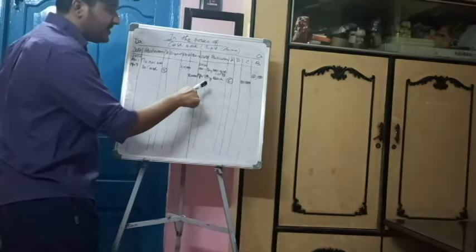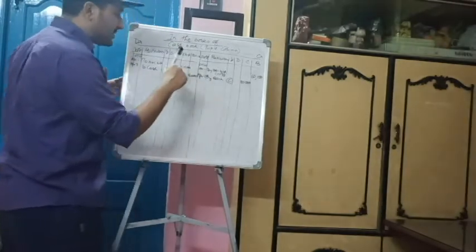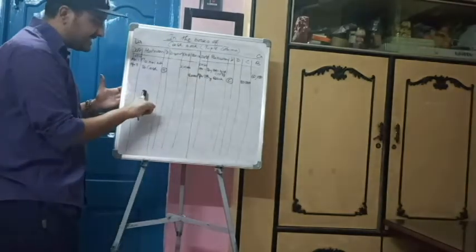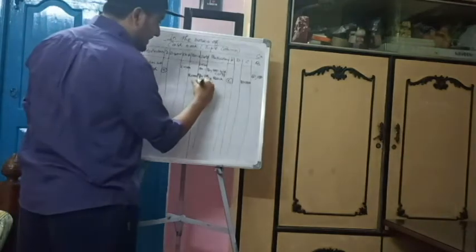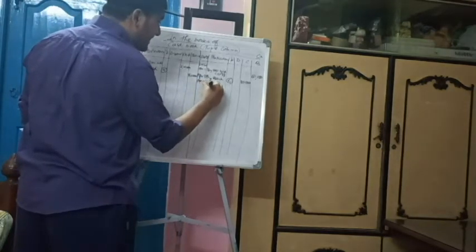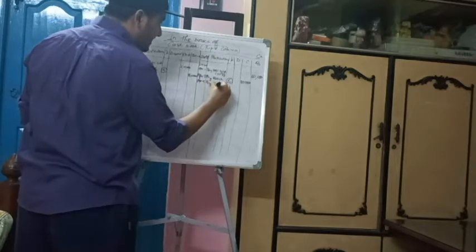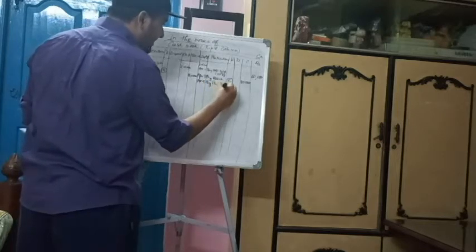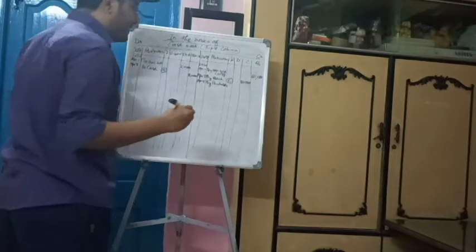That means this entry will come on the payment side, as I have told you previously. This is receipt side, this is payment side. So April 4, goods purchased, by purchases and issued a check. Check means it will come under the bank column. How much is the value? 34,000.